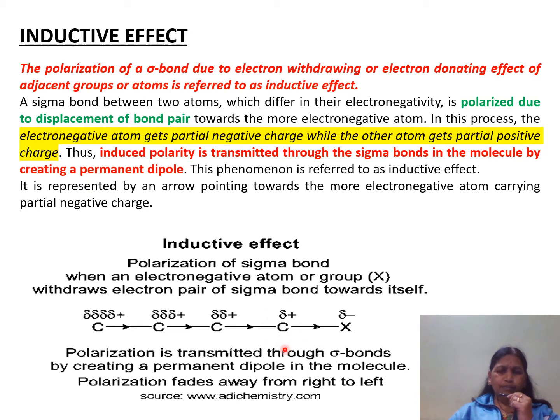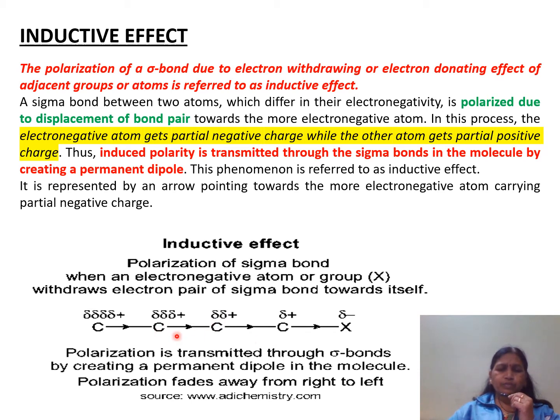This carbon atom, which now has a partial positive charge, attracts electrons from the adjacent carbon. It also acquires a positive charge because the bond pair is displaced more towards this carbon, but the partial positive charge developed here is lesser than the previous one.